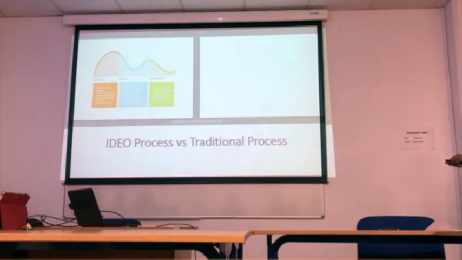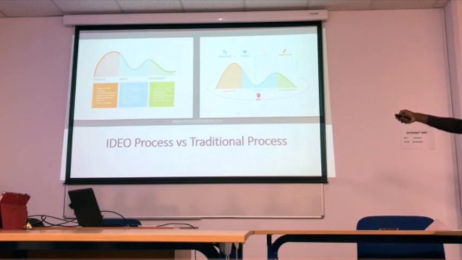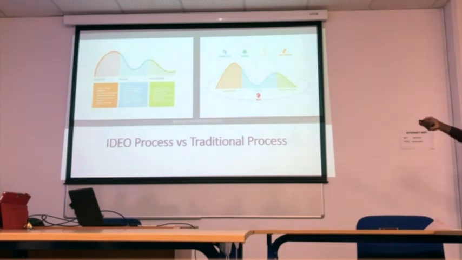Seeing it from the traditional process, inspiration combines the empathize phase and the define phase. Ideation also takes a part of define, plus ideate in the traditional process. The implementation phase takes prototyping and test, and coming back if there's something.